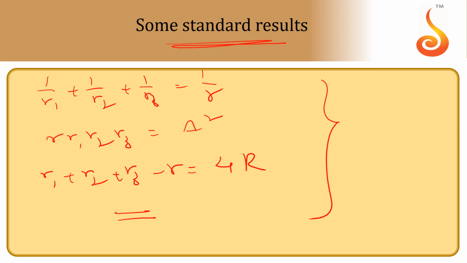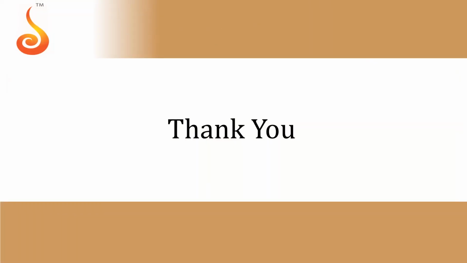Please learn all these results so that you can do the problems in properties of triangles very fast. But please remember, as there are a lot of formulae, which formula you have to use is very, very important. That comes with practice. So please do practice, then use these formulas perfectly. You can do the chapter very easily. Thank you.